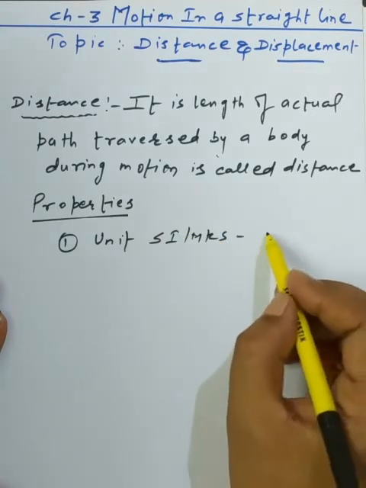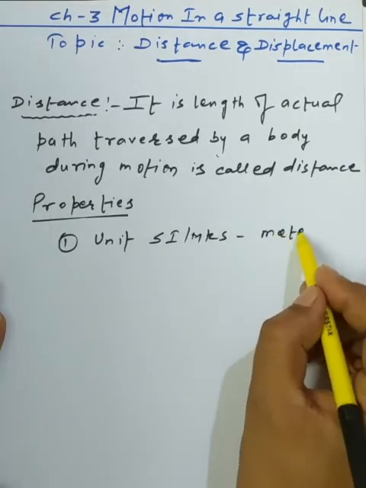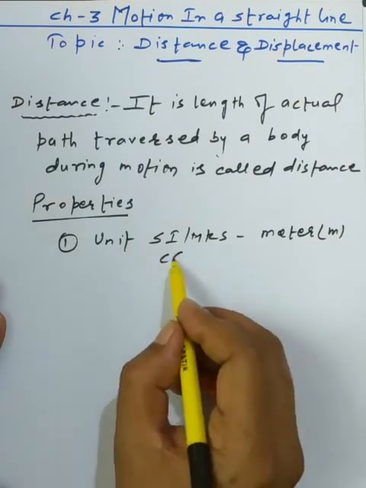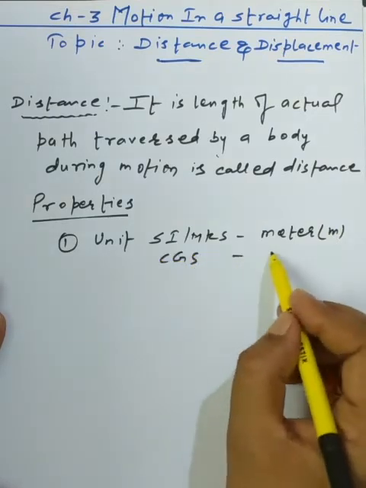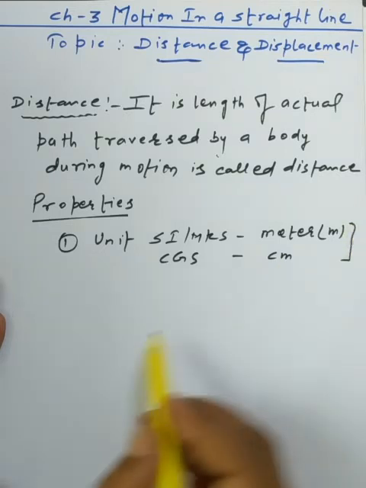In the SI system, the unit of length is the meter, with the symbol m. And in the CGS system, the unit is the centimeter. Okay, so this was the unit.